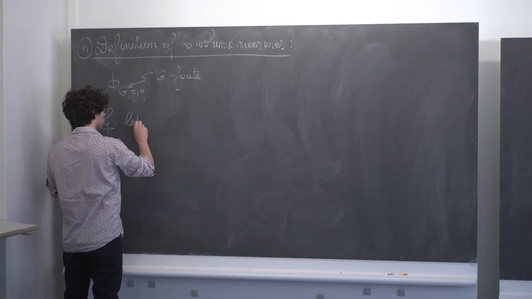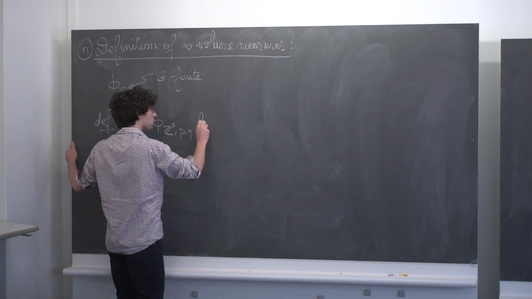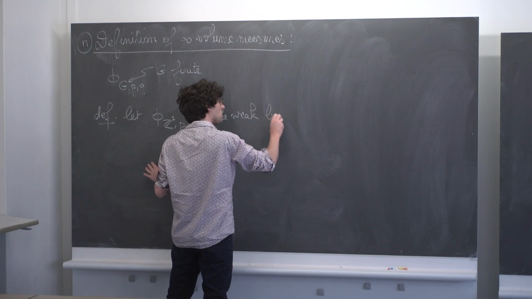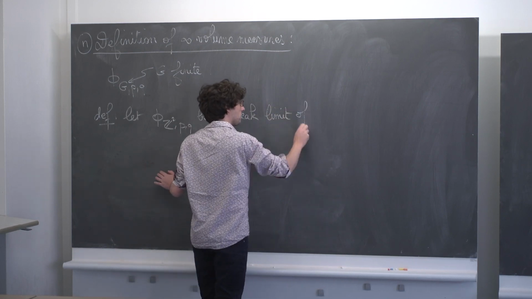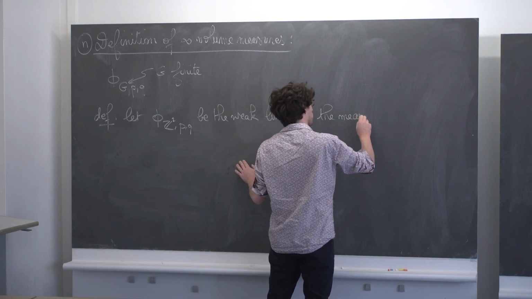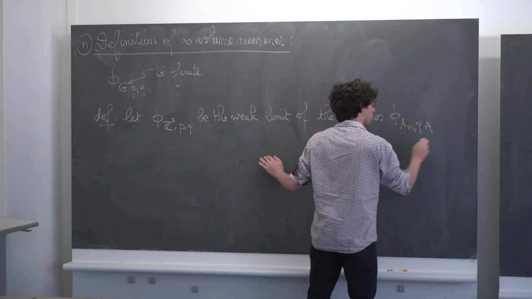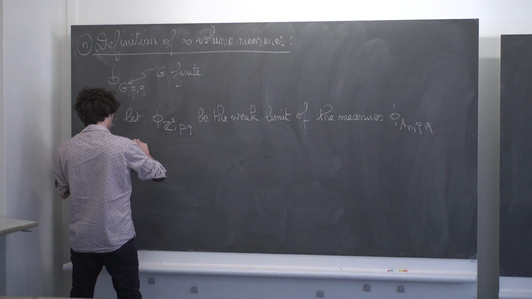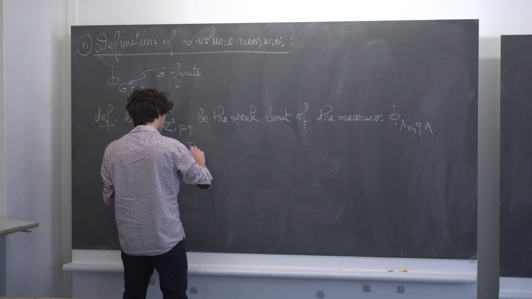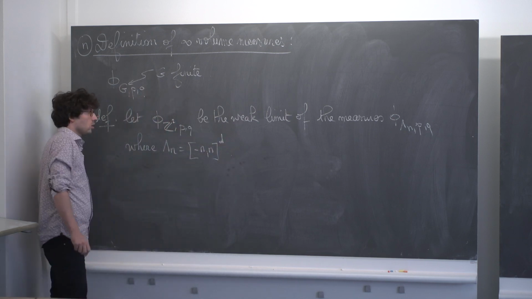Let phi Z^d p,q be the weak limit of the measures phi Lambda_n p,q, where Lambda_n is the box of size n around 0.